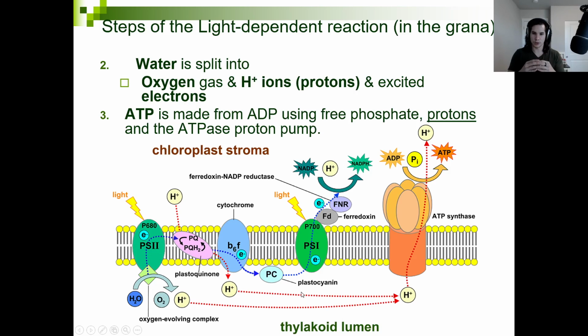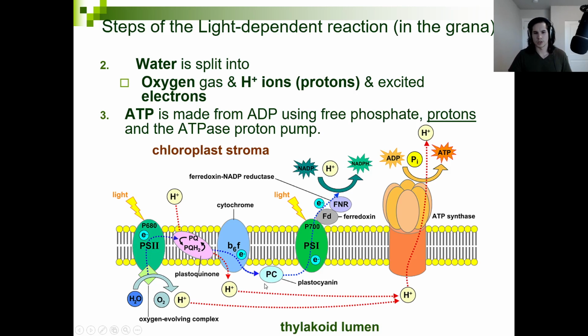So into that little pancake, the pocket that pancake is around. So water is split into oxygen gas and hydrogen ions and excited electrons. So that excited electron moves from protein to protein to protein. And then ATP is made from ADP using free phosphate, protons, and ATPase proton pump.